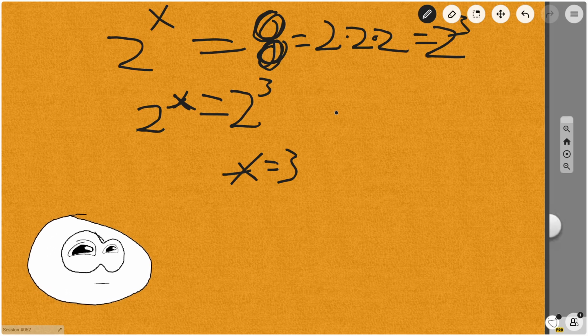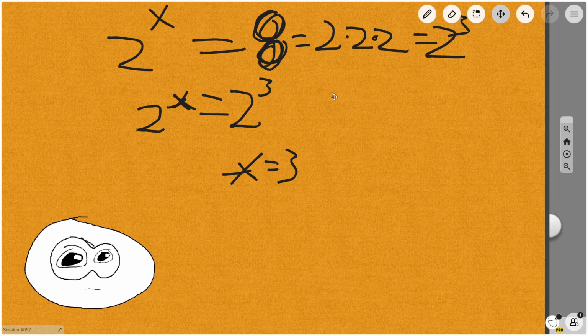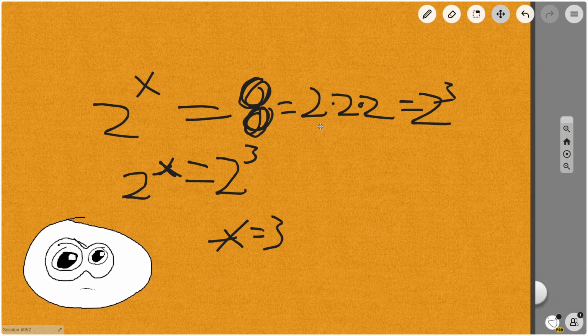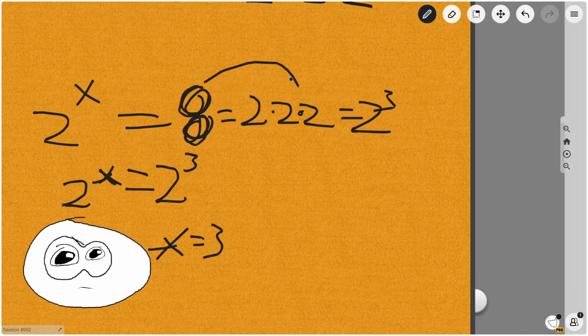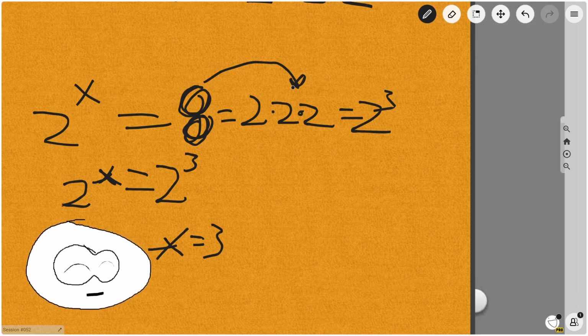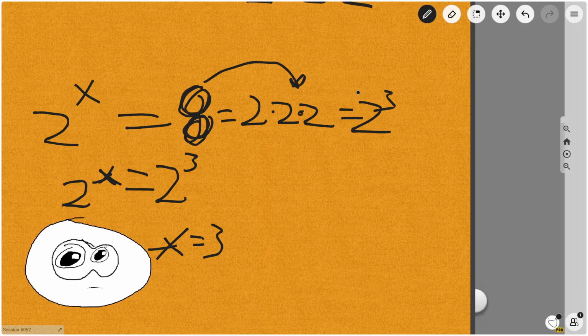Now again, this isn't quite logs yet, but these are principles that we will be using for logs in a bit. The way that I jumped from here to here is because when you have a large number and it can break down into smaller numbers, especially numbers that repeat themselves, then you can make it into an exponent formula.